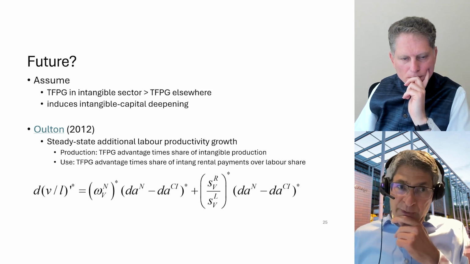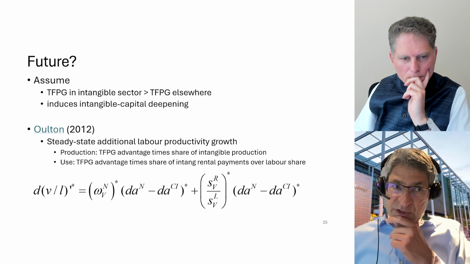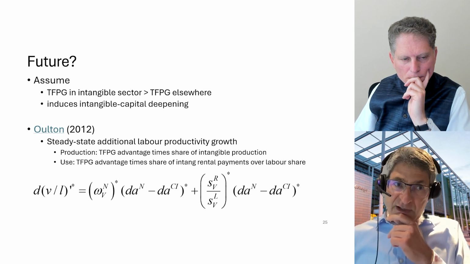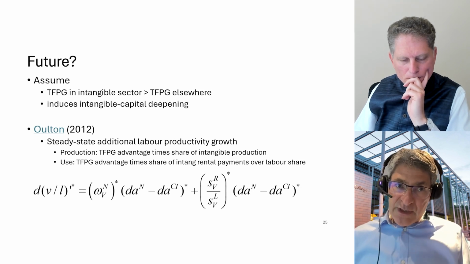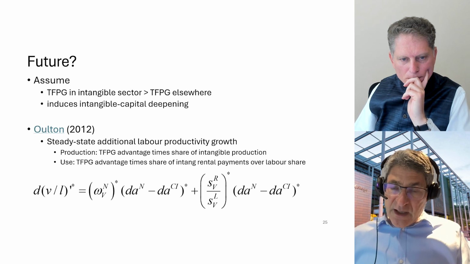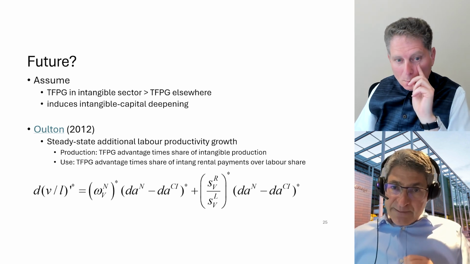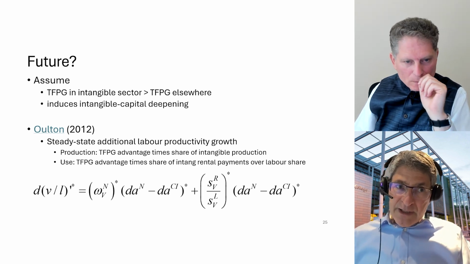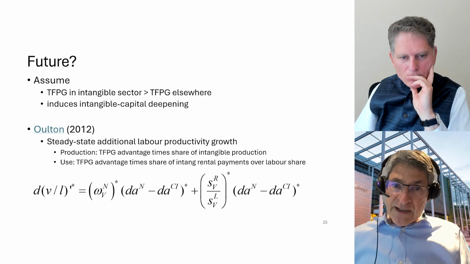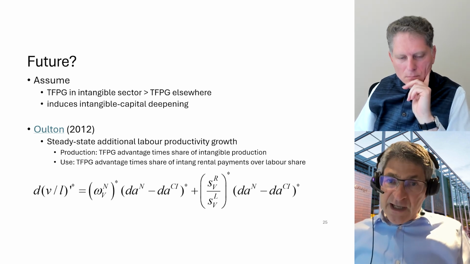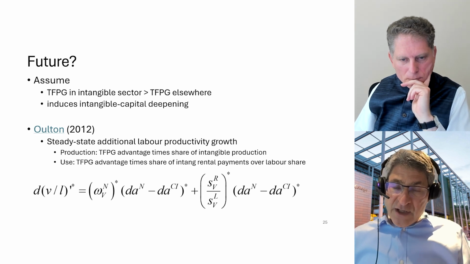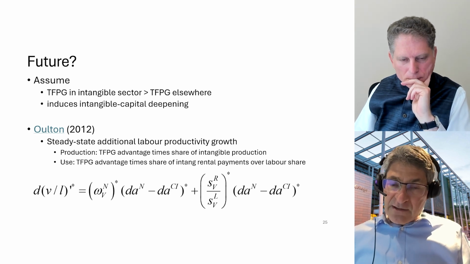That gets you this bottom equation here. So let me just try to talk through the intuition behind that. It says, what's the extra steady state productivity growth you'd get? Again, 2 bits. If you're producing upstream, the share of upstream being the omega, share in value added, it's the TFP advantage in the upstream sector times how big the upstream sector is.